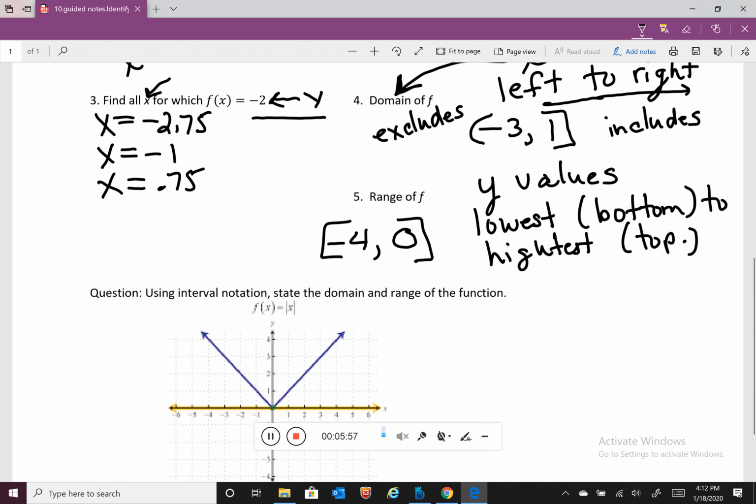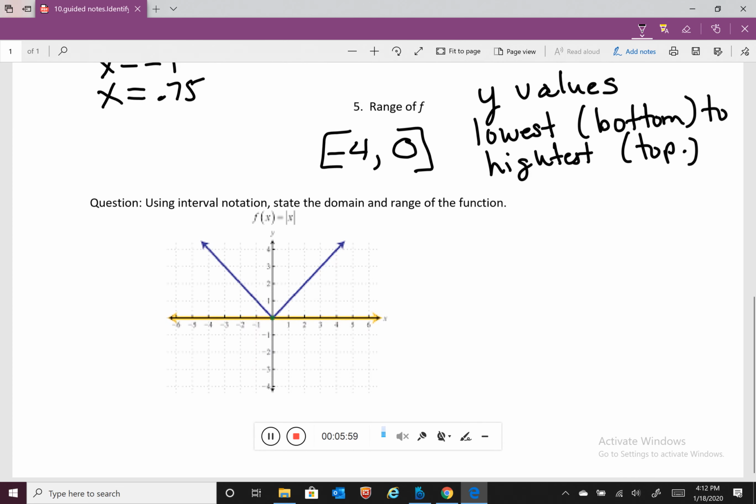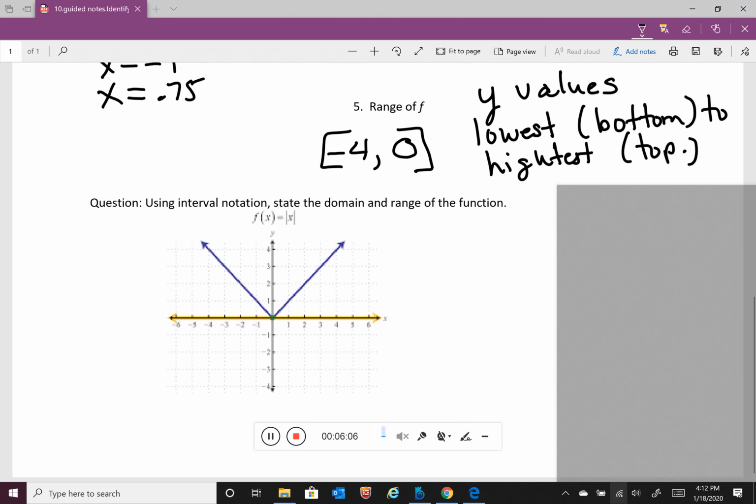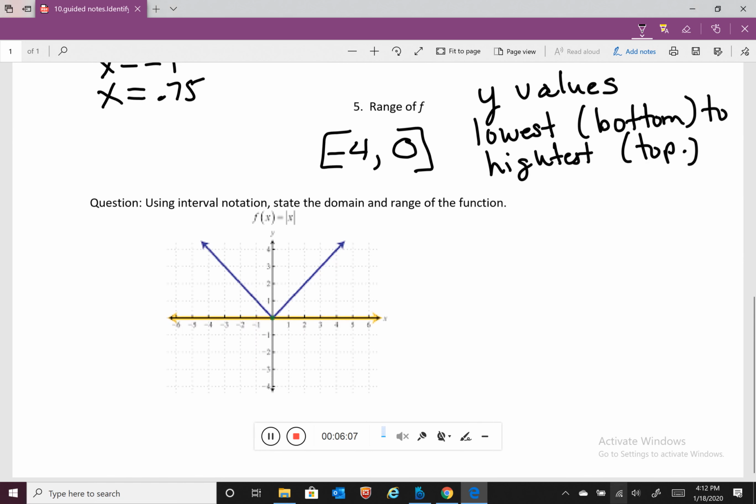So your question, and you only have one on this set, is using interval notation, state the domain and range of the function. So I want you to make sure that you are using this graph here. In Edpuzzle, I will only be putting f of x equals the absolute value of x. So these arrows are very important.